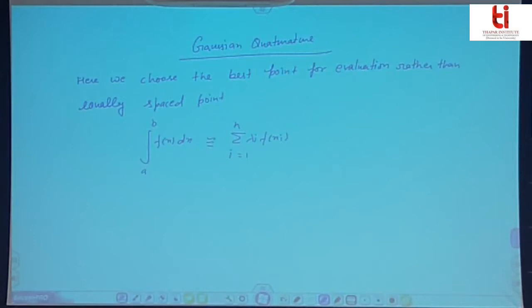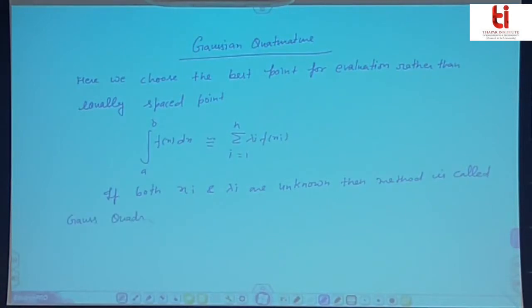If both x_i and lambda_i are unknown, then the method is called Gauss quadrature.